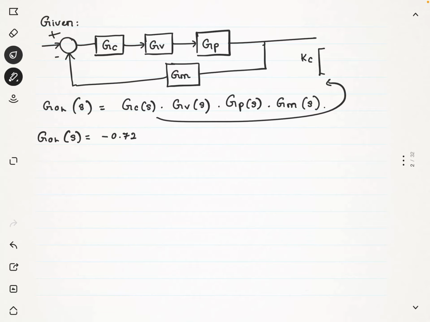because it is a PI controller, Kc into 1 plus 1 by tau I into s.